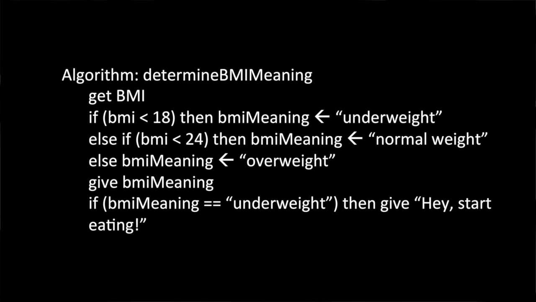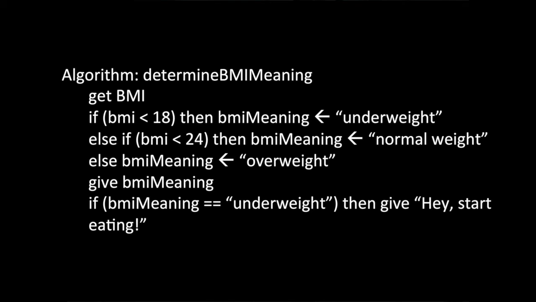Then in my algorithm, we give BMI meaning, and just to provide some encouragement for those of us who are too skinny, if BMI meaning equals underweight, and I've got a double equal sign there to indicate test for equality, then give the string, hey, start eating, to the user.